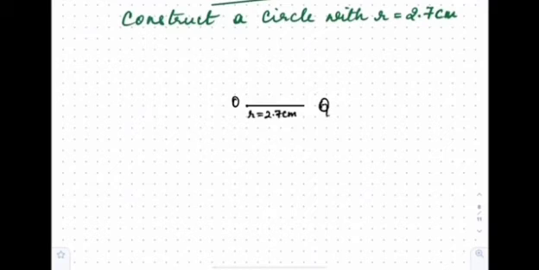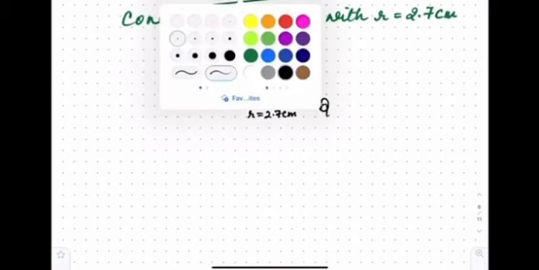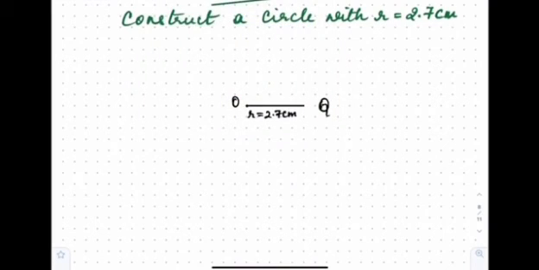You can name it as Q. Now set the compass needle for this measurement, keeping the needle side at O, then the pencil side at Q.